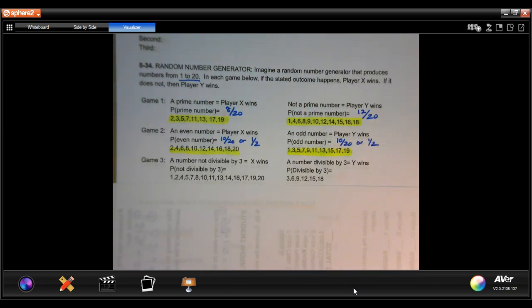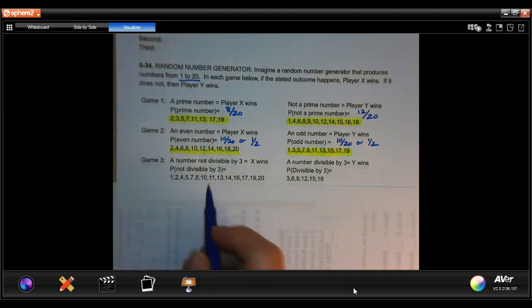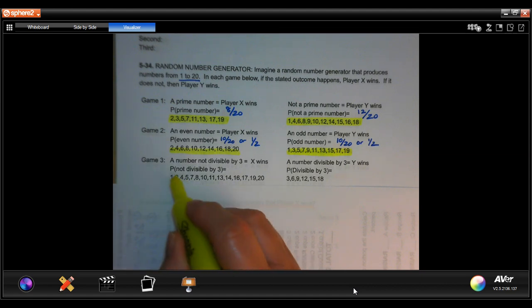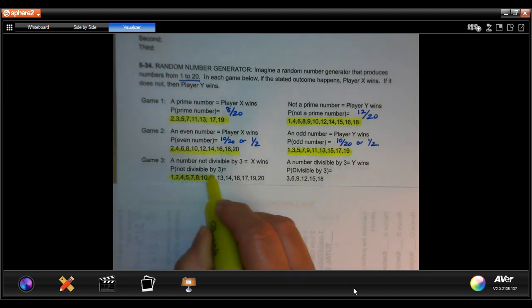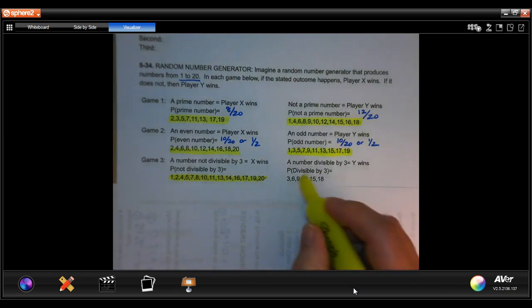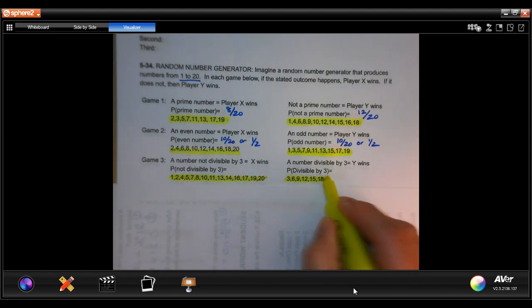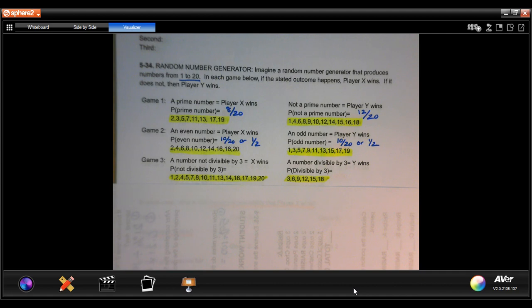Then the next part of this is for game 3, a number not divisible by 3. And I went ahead again and listed numbers that are not divisible by 3 evenly. And then I've got the ones that are divisible by 3 over on the opposite side.